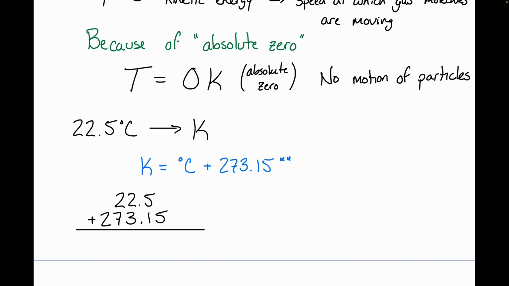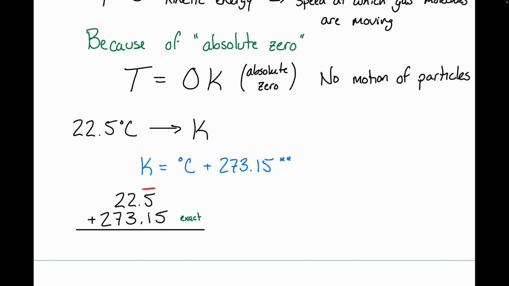All right, we're going to mark our last digit, our last sig fig in each one of these numbers. So for 22.5, I'm going to mark that 10th place right there. Okay, but for my magical 273.15 number, this is exact. So it has an infinite number of sig figs.